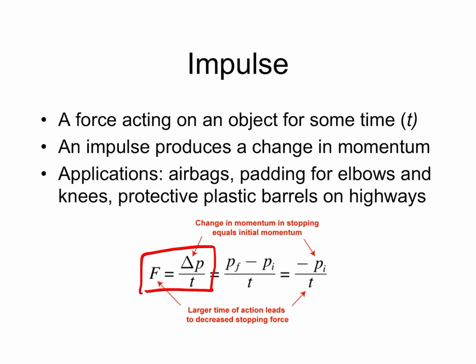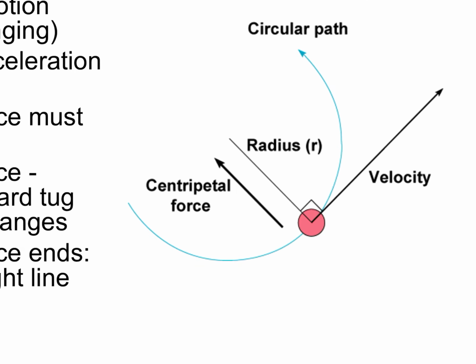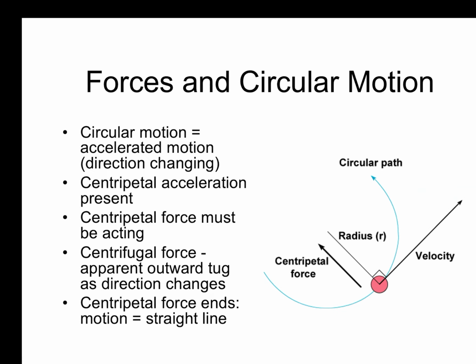And I just want to point out really quick, if you take the equation for momentum, mass times velocity, over time, and you take this little section right here, velocity divided by time. Well, if you remember, the change of velocity divided by time is acceleration.